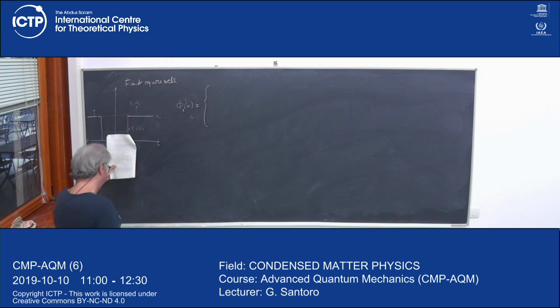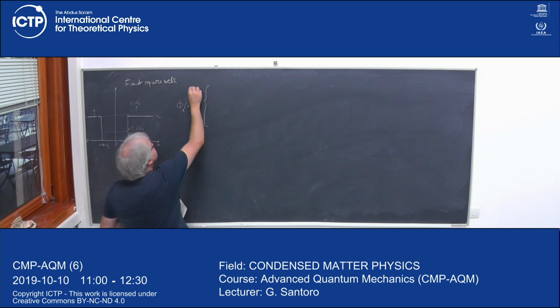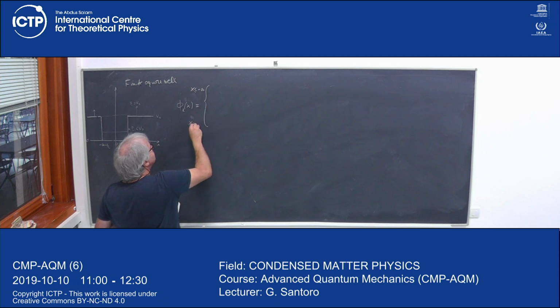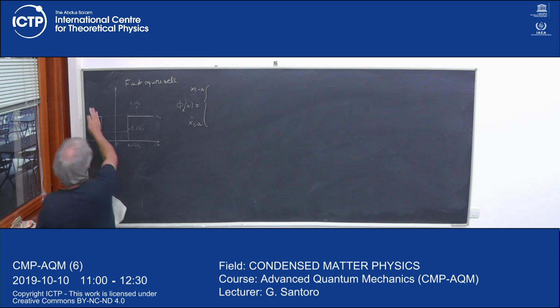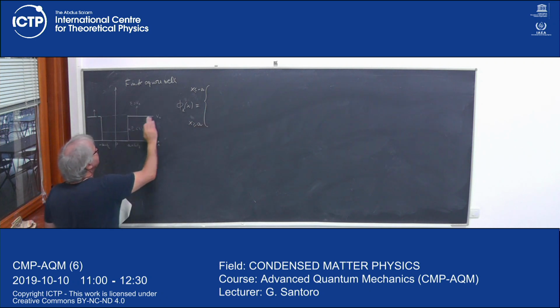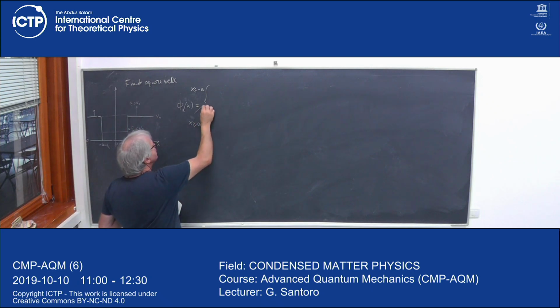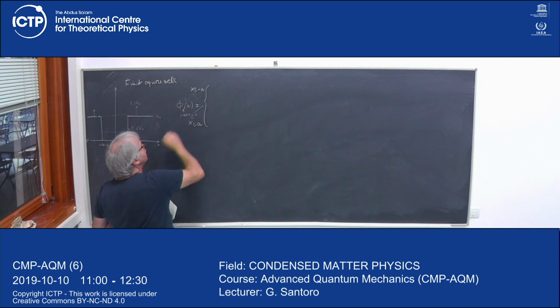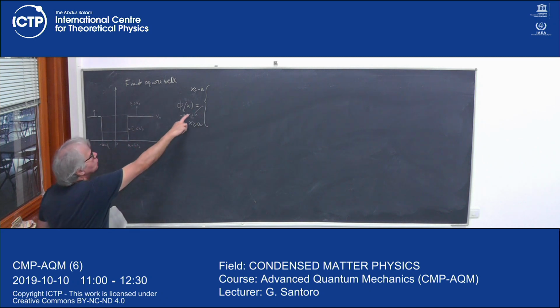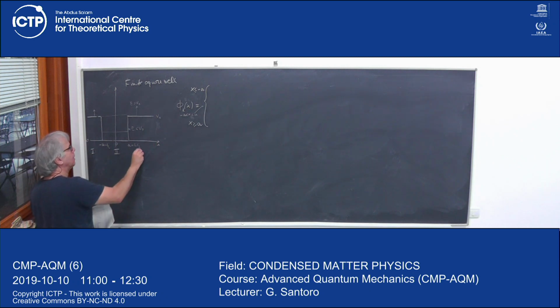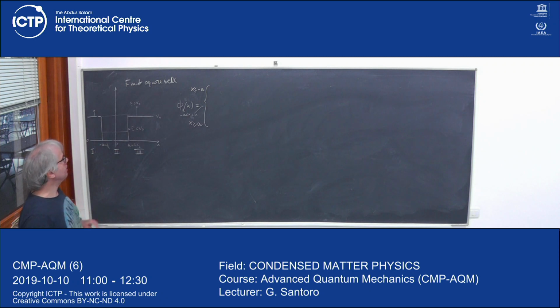I have the region x less than or equal to minus a, the region x greater than or equal to a, so the first region and third region, and the region in between, which is for x less than a and greater than minus a. Region 1, 2, and 3. Okay?